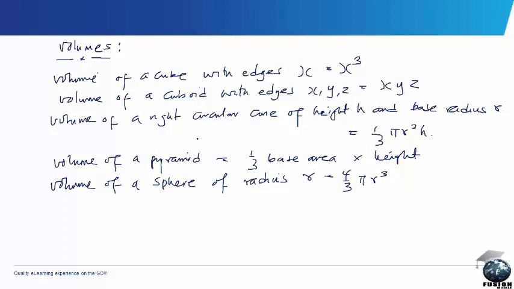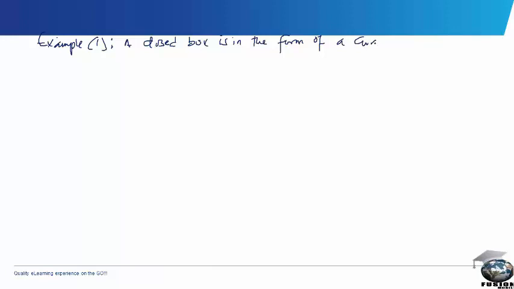So for the first example, Example 1 states that a closed box is in the form of a cuboid, with the following dimensions: 16 cm by 10 cm by 7 cm.